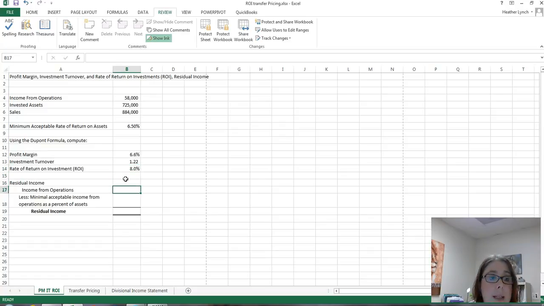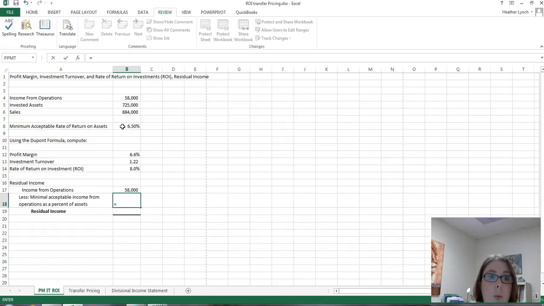Now let's look at residual income using the same information. They want our income from operations, that is the $58,000. Now we ask for less our minimum acceptable income from operations as a percent of assets. Well, we're telling them that we want a minimum acceptable rate of 6.50%.